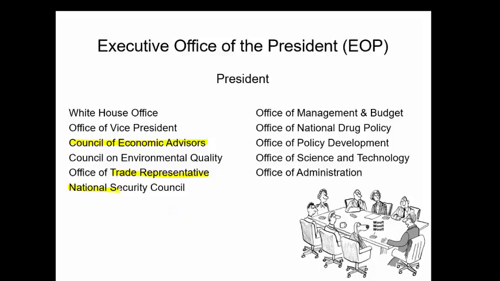Very importantly, I'll look at this one here in a minute, the National Security Council, which advises the president on conflicts around the world or potentials for conflict or protection of the United States and our security. The Office of Management and Budget does a lot of the work on proposed budgets and spending, things like that. You may have heard of some of these others here, but this is the inner office that advises the president, called the Executive Office.